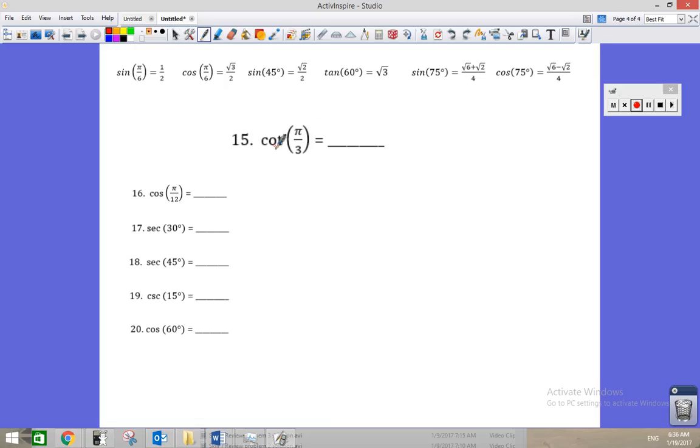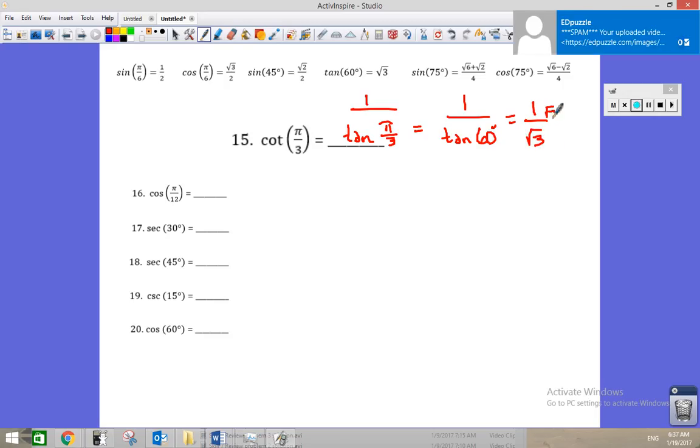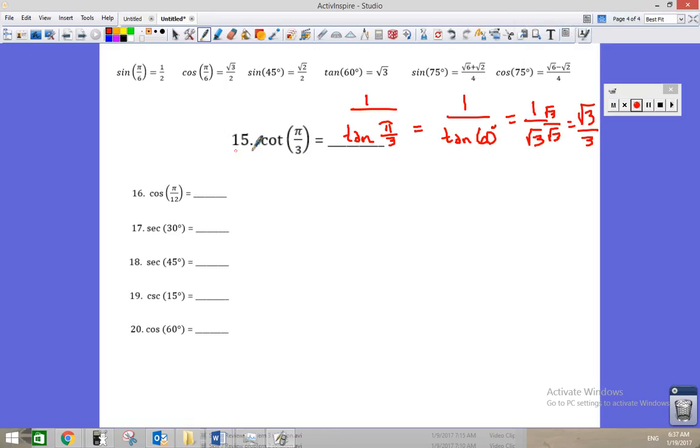So I know that cotangent and tangent are reciprocal, so the cotangent of pi over 3 is the same thing as 1 over the tangent of pi over 3. Pi over 3 in degree measure is 60 degrees, and it tells me that the tangent of 60 degrees is the square root of 3. If I rationalize that by multiplying by radical 3 over radical 3, I get square root of 3 over 3 as my final answer for number 15.